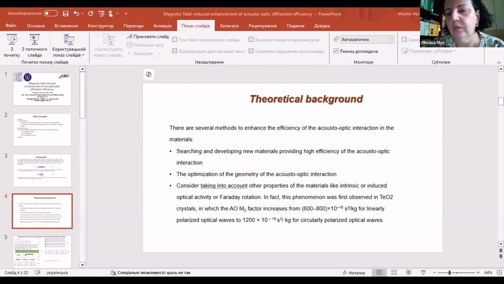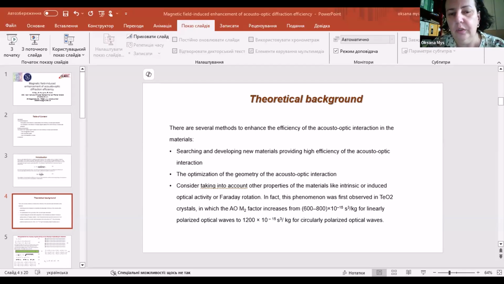Another way of enhancing acousto-optic efficiency is searching for materials with optical activity or other properties like Faraday rotation. Probably this phenomenon was first observed by Yanova Tanabe. This is how optical activity impacts the efficiency of acousto-optic interaction.